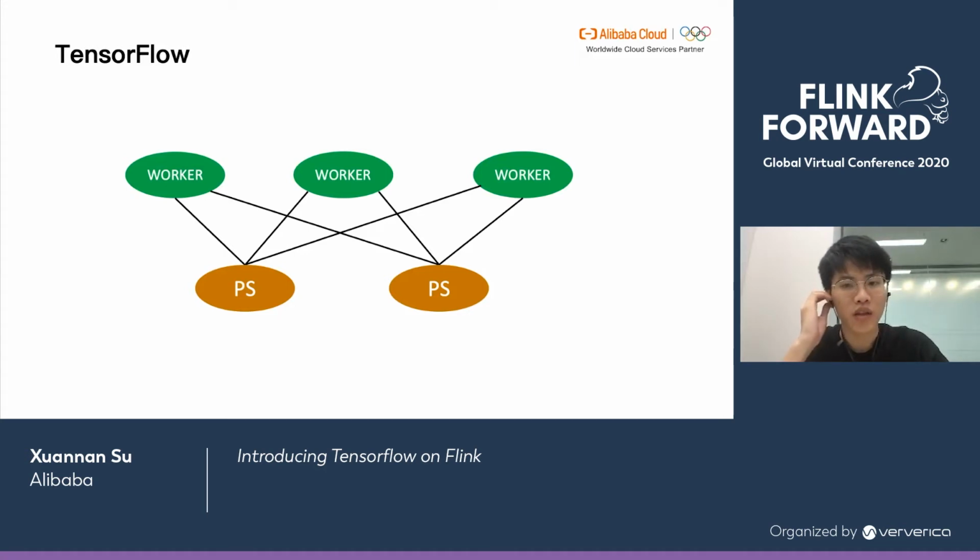They are independently training over some input data, and they will periodically send messages to the parameter server to update the parameters. This architecture is commonly used when the machine learning model is too large to load into a single machine. And we aim to help write such distributed machine learning applications easily and run them on Flink.